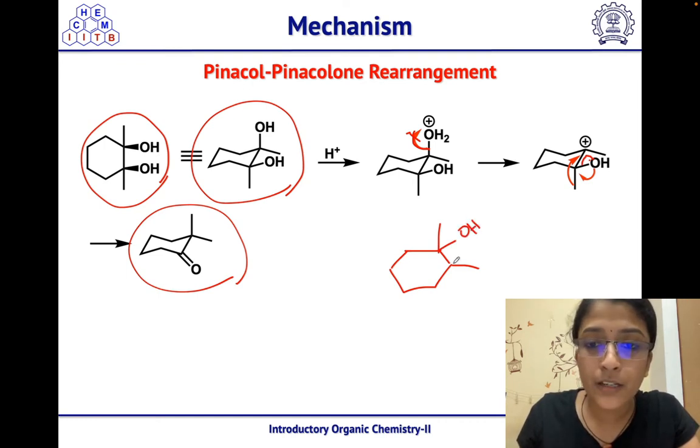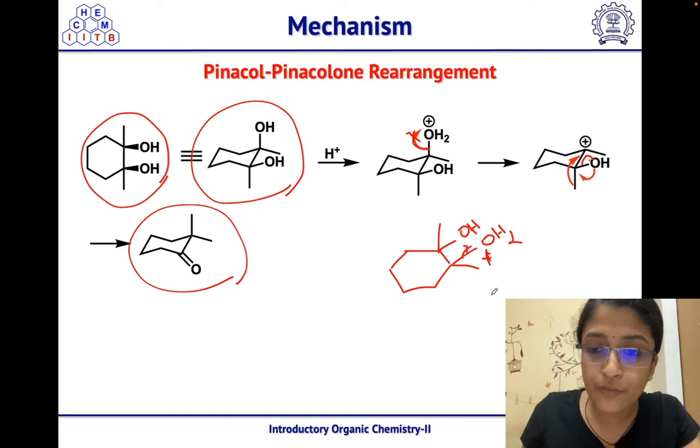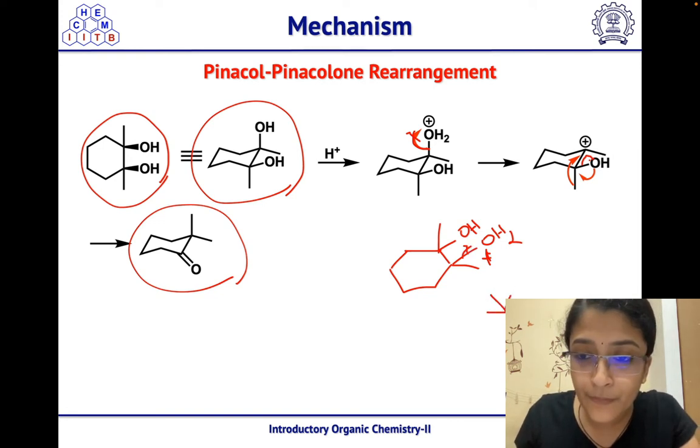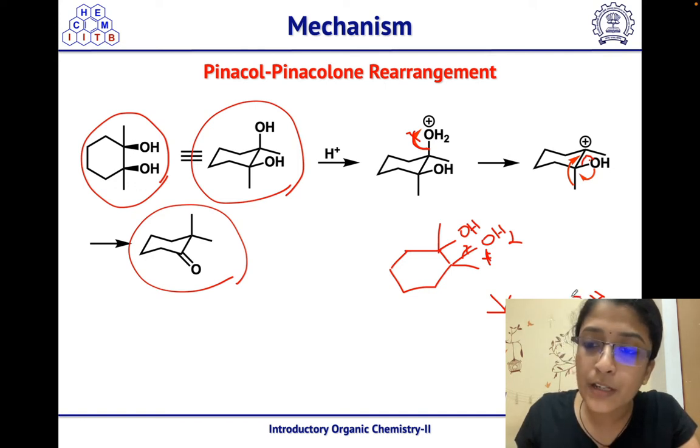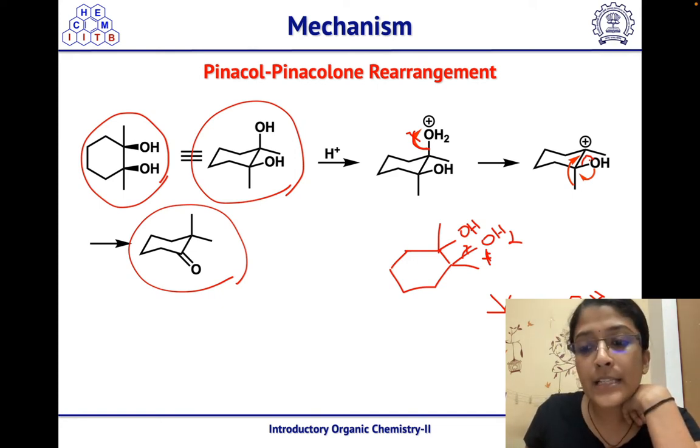We will think that here one of the hydroxyls will get removed as water, a carbocation will form, and when this hydroxyl's oxygen lone pairs fall back, we might think there is a chance for migration of this, as this is a secondary carbon, right?